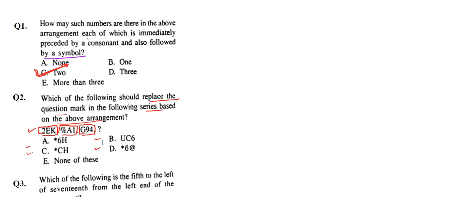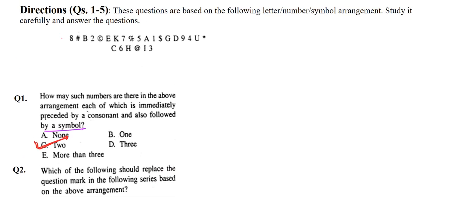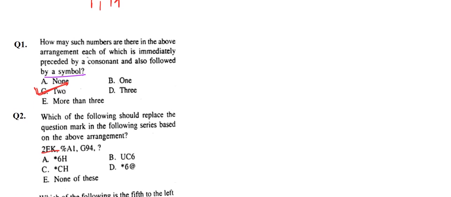So first let us find what type of series these are following. We have 2EK. Here we have 2, we have E, and we have K. So the sequence is first, then we have a gap, then second, and then third. Let's check the others also.